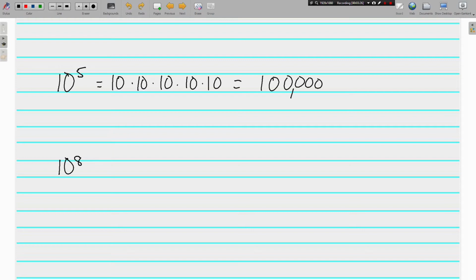That makes 10 to the 8th easy as well. 1, 2, 3, 4, 5, 6, 7, 8 zeros. So 10 to the 8th is 100 million.